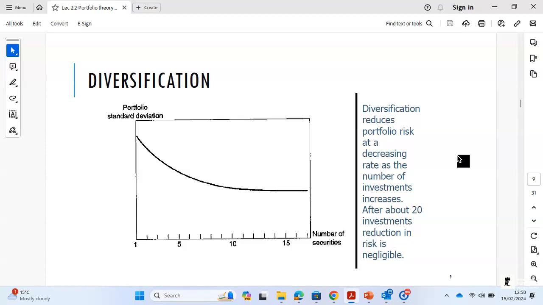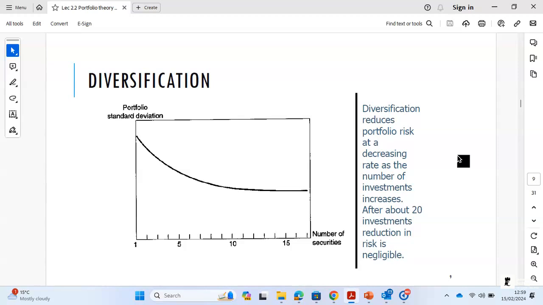On the vertical axis, we have the risk measured as standard deviation, and on the horizontal axis, we have the number of securities. Okay. And what do you see here? If you invest in just one security, the risk is going to be quite high.